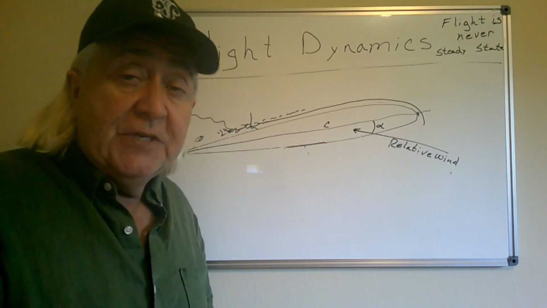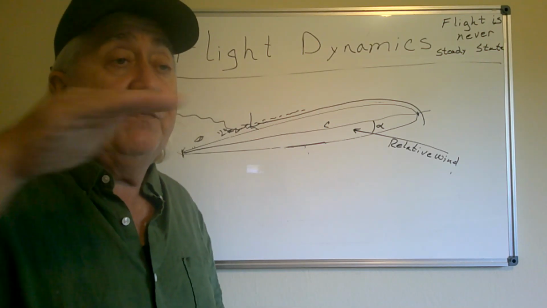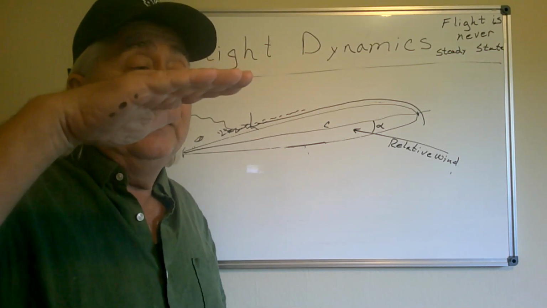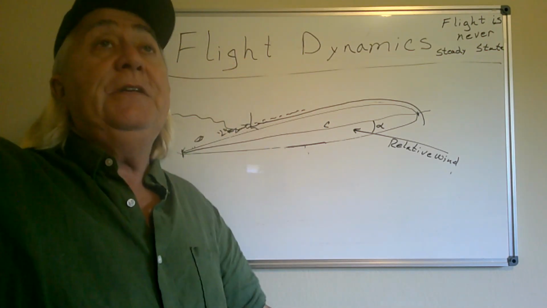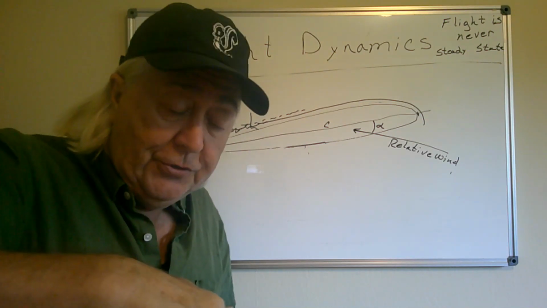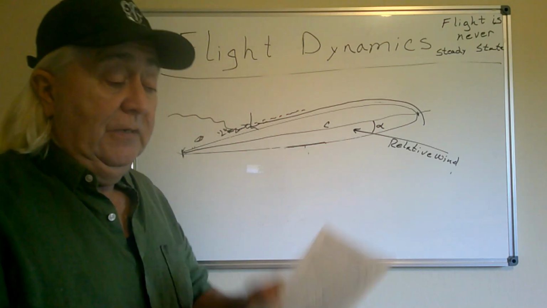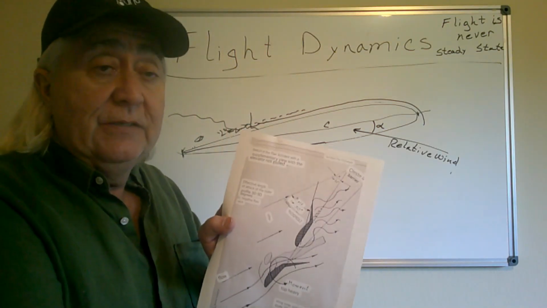And then the nose pitches down. And then that type of dynamic, where you're flying along and magically your lift disappears, nose drops, you head straight down, and that's when you get this.